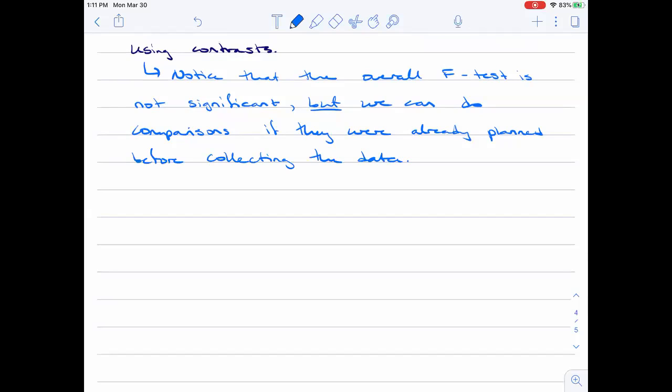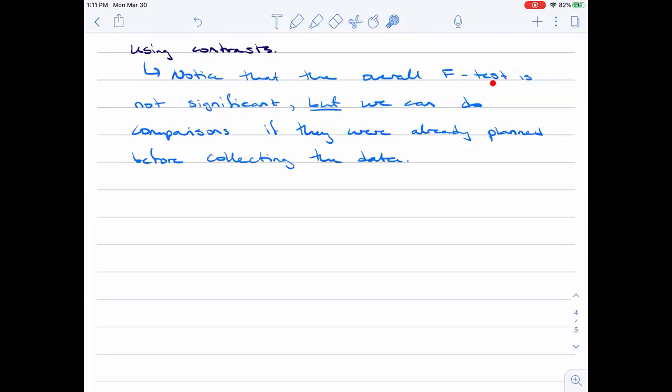That's important. We should always do our F test. If we're handed data and asking whether there is anything going on in here, you should always do the F test to see what's going on. And then if there's nothing going on, you wouldn't keep going.